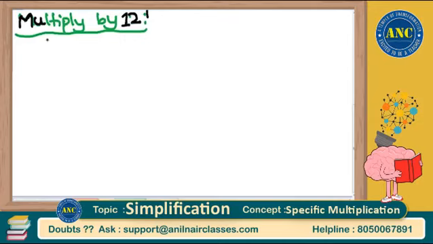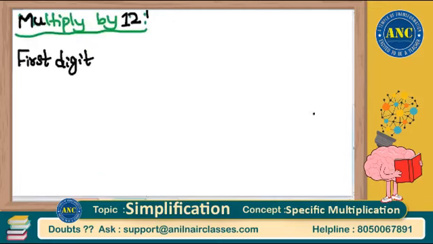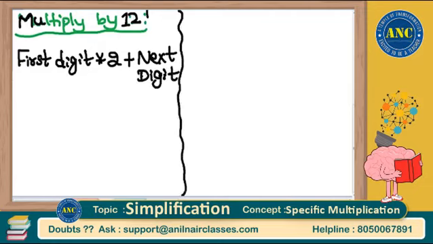Can I say that the logic here is: take the first digit. Because it was ending with 1 in 11, I multiplied by 1, but here it is ending with 2. I will multiply by 2 plus the next digit, and the same process will continue until you get the last digit.